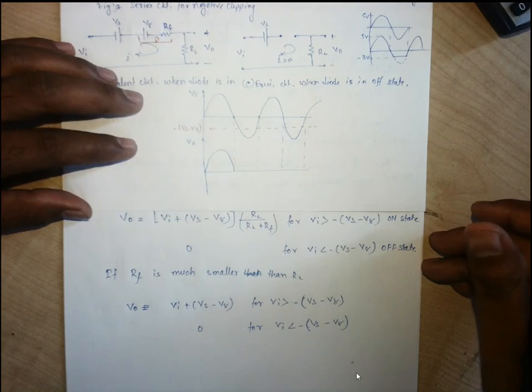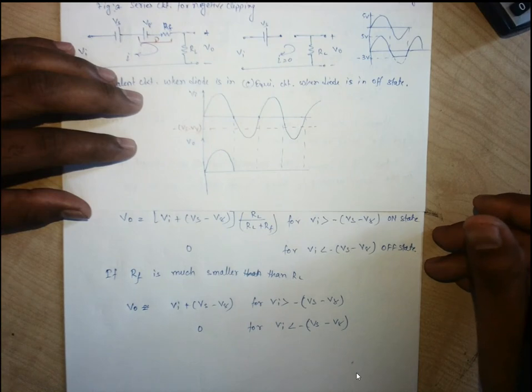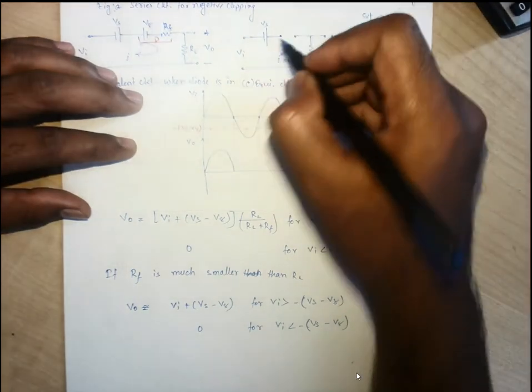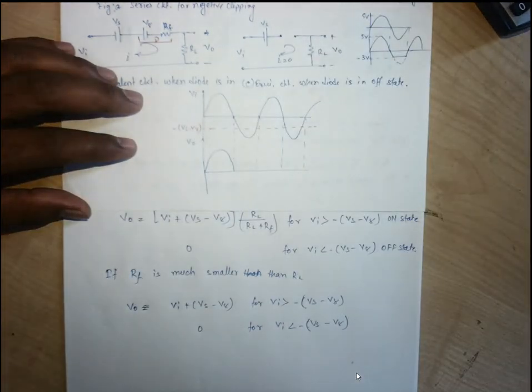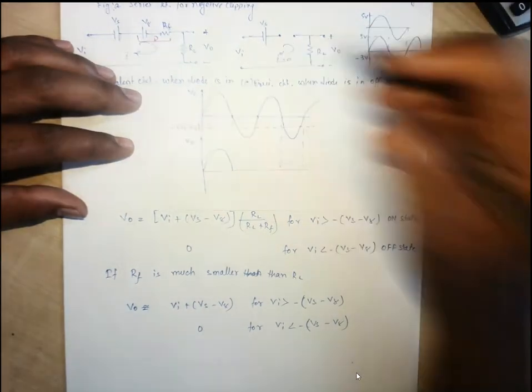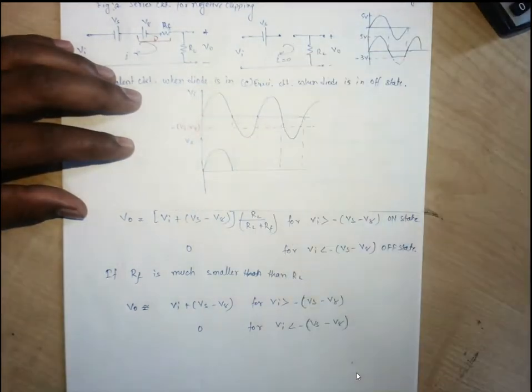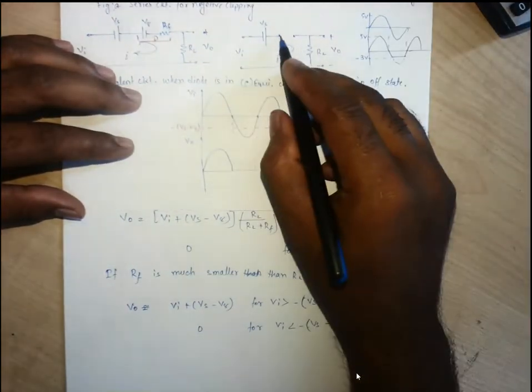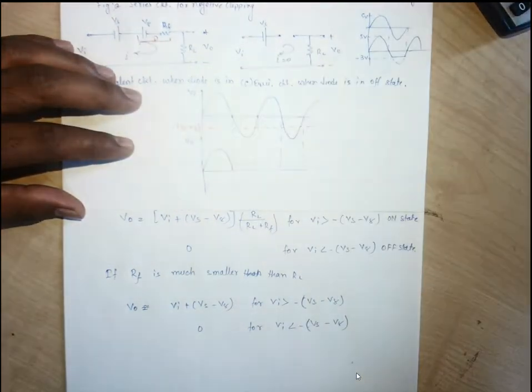So what will be the output up to that time? No current means there is no current in the circuit. Just try to think about this circuit. If we simplify this circuit, this is the open circuit point.